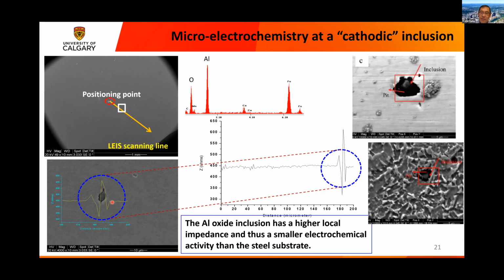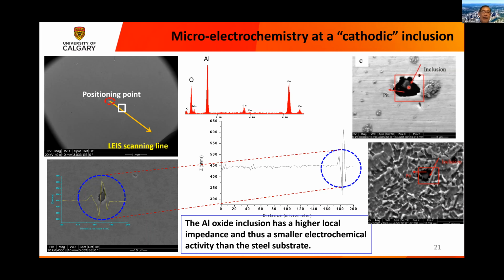Based on the comparison before and after corrosion happens, we can characterize that when the localized pitting corrosion is formed, the inclusion still exists in the corrosion pit. That means this inclusion has a high stability and low electrochemical activity compared with the steel matrix. So we can characterize the inclusion as cathodic relative to the steel matrix. So that gives you the mechanism.